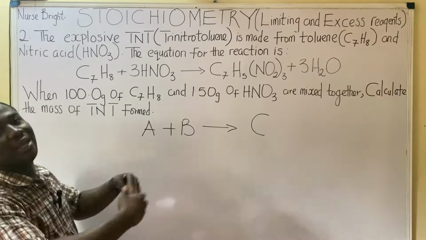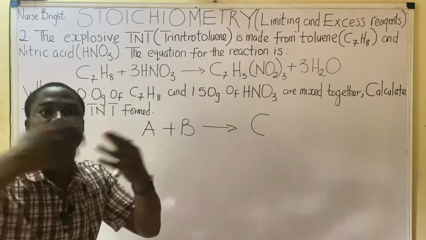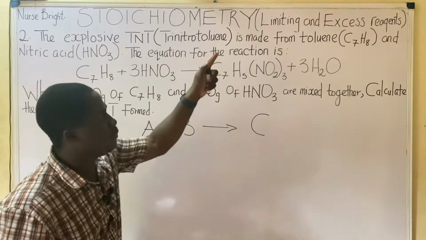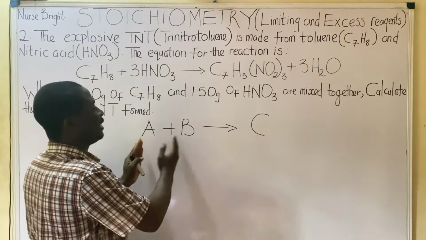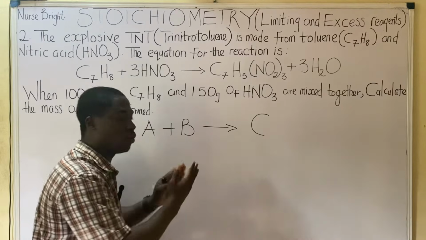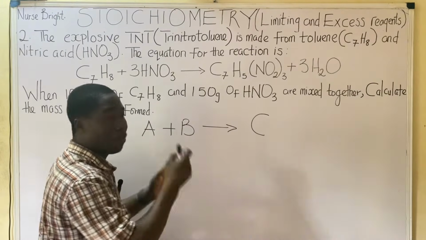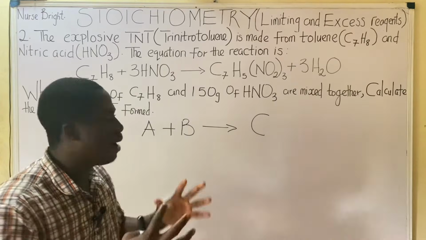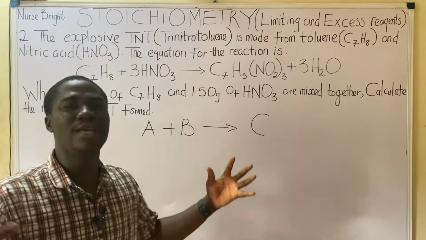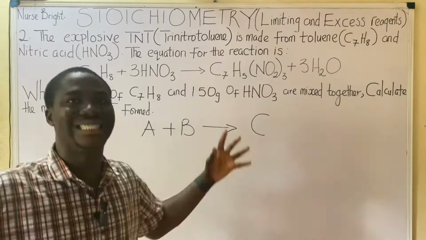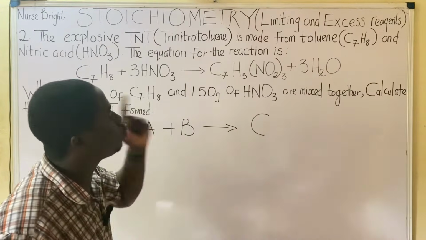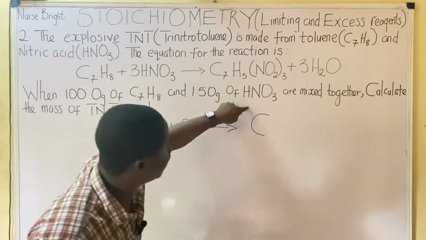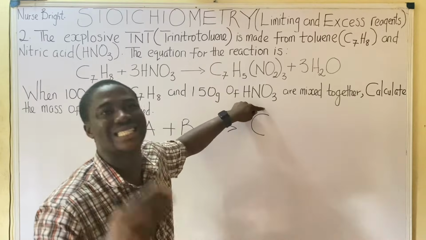One of them will be the limiting, while the other will be the excess. For these two, A and B, these two substances will react together completely. If both of them react together and both are completely used up at the same time, it will give rise to the formation of product C.